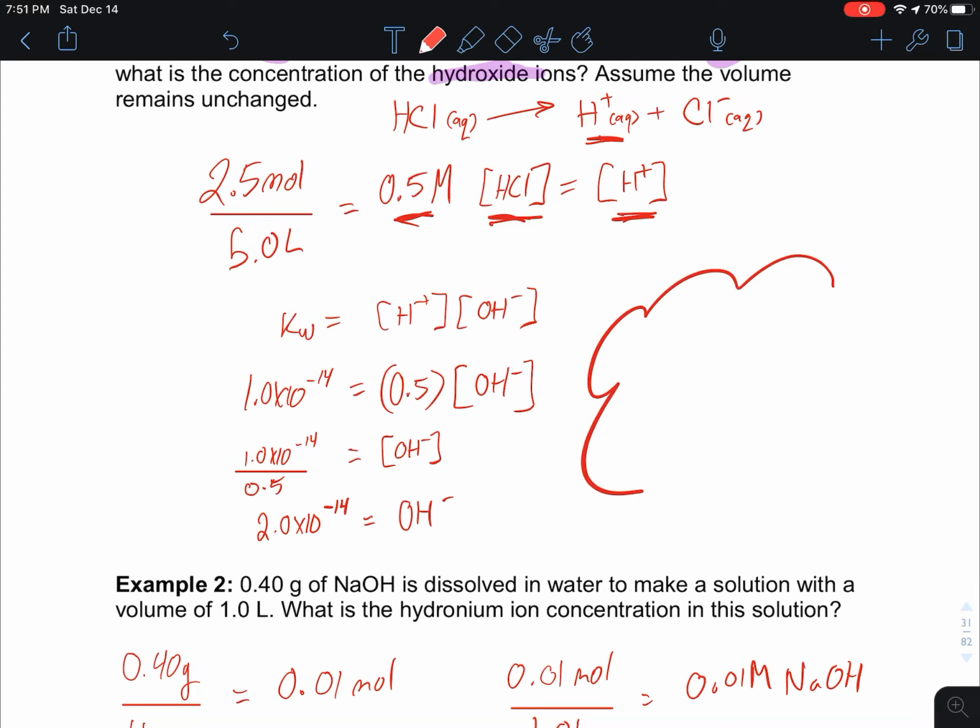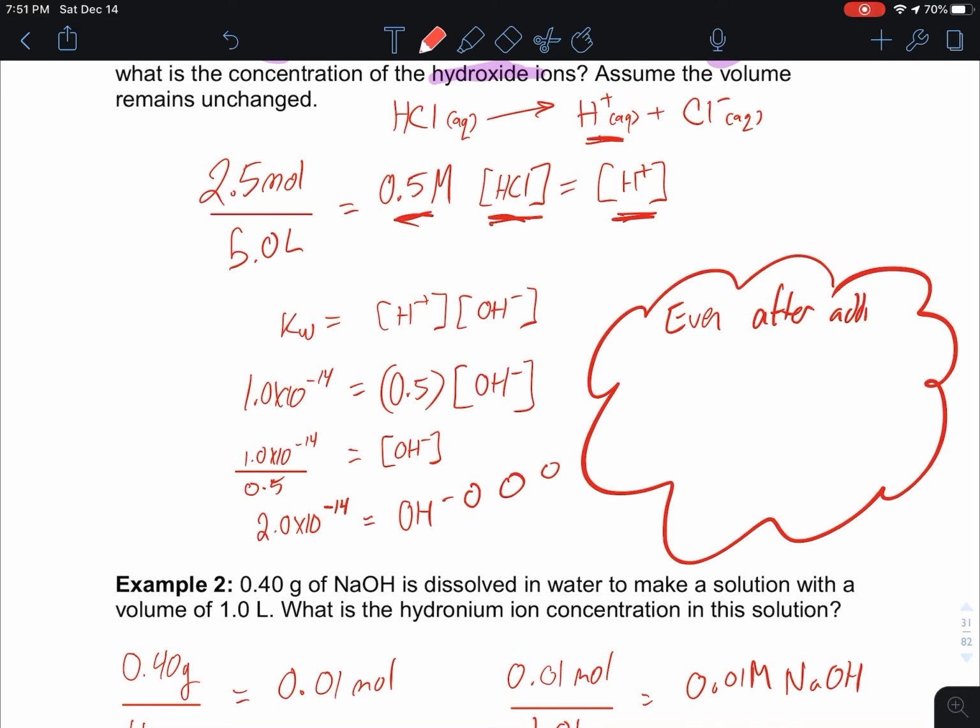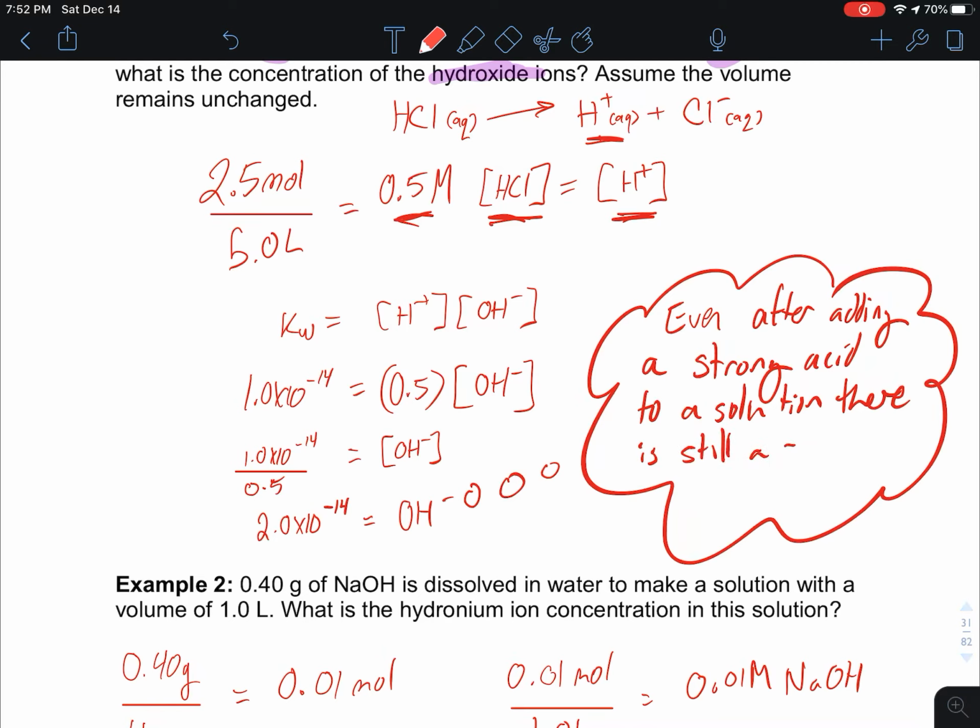Okay, so here's the important idea from this: even after adding a strong acid to a solution, there is still a small amount of hydroxide left.